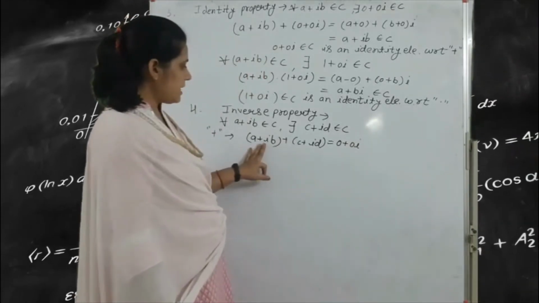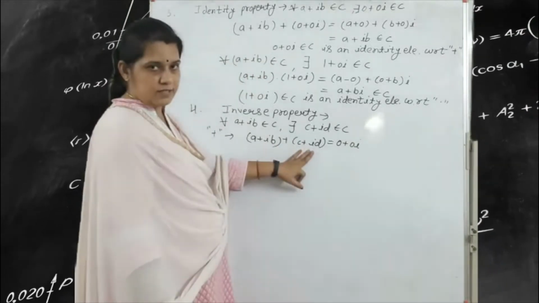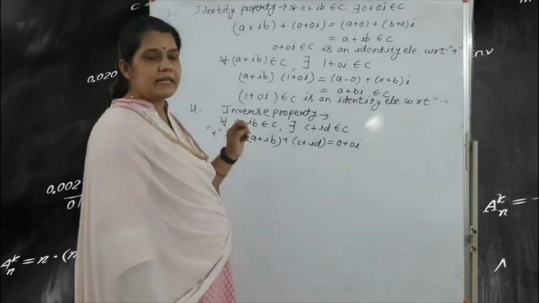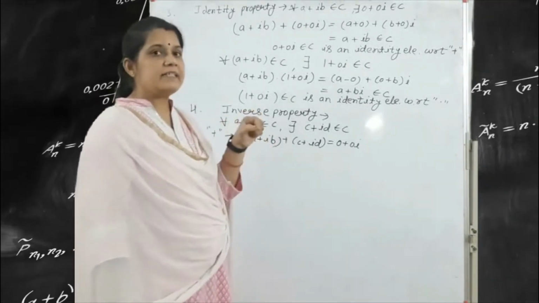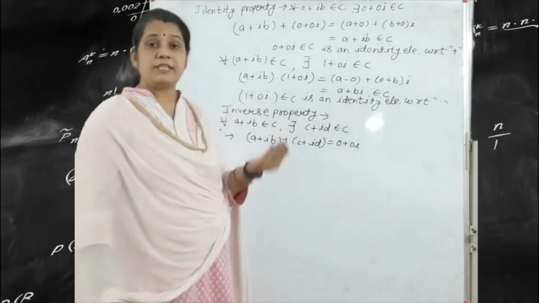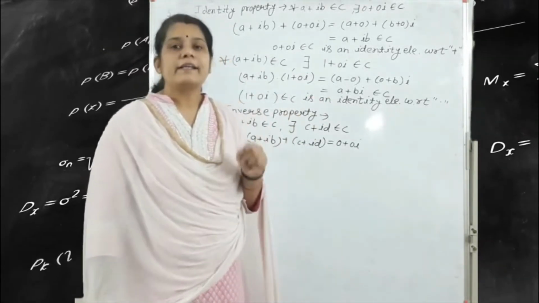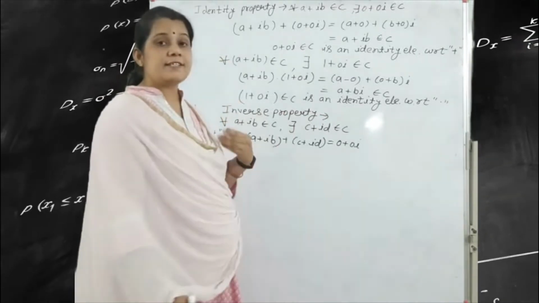That means an element plus its inverse is equal to 0 + 0i. So a + (-a) is equal to 0 with respect to addition, and a times a inverse is equal to the identity element, that is 1, with respect to multiplication.